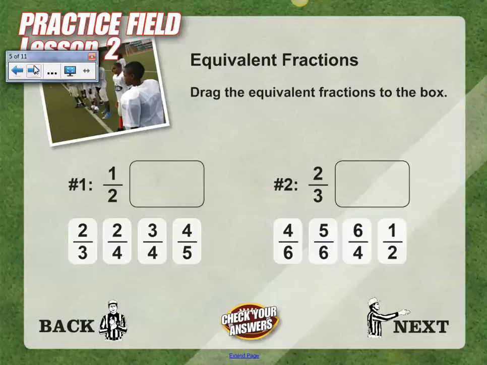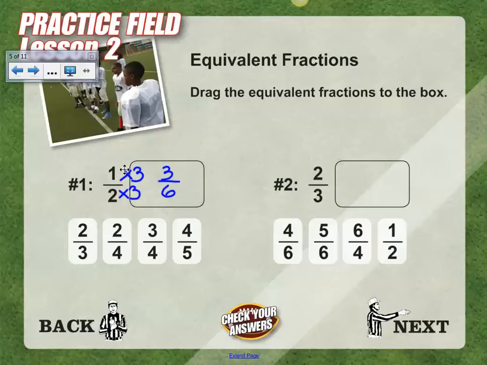So again, we're going to talk about equivalent fractions. We just wrote down that we multiply or divide the numerator and denominator by the same number. So when I look at 1/2 there, I could multiply or divide 1/2 by any number to find an equivalent fraction. I could do 1/2 times 3 on the top and bottom and get an equivalent fraction of 3/6, like we did in that first example.